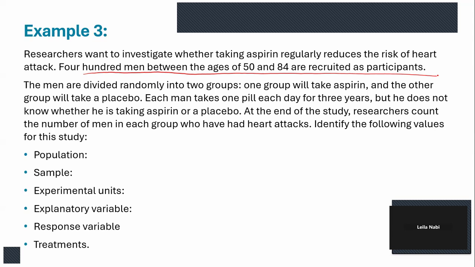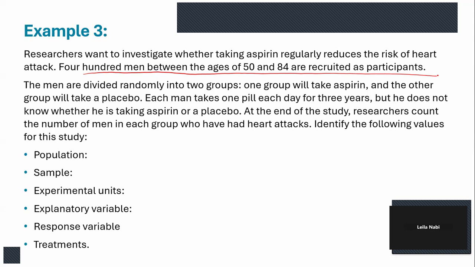Explanatory variable and response variable. The explanatory variable is the variable that affects the other variable, the response, which is the variable that has been affected. What is supposed to affect something? The pill. The medication is supposed to affect the risk of heart attack.